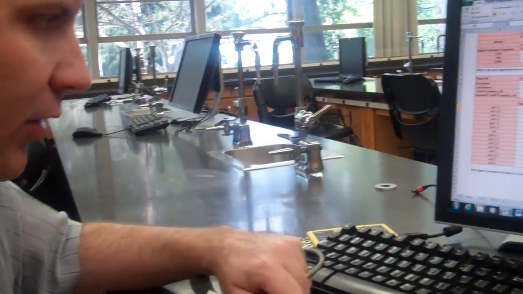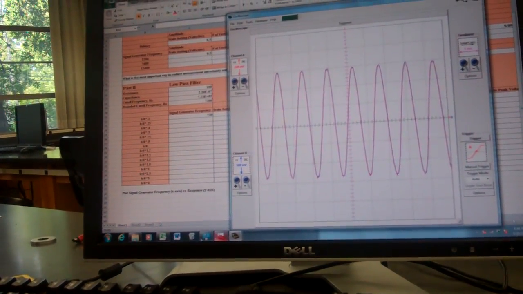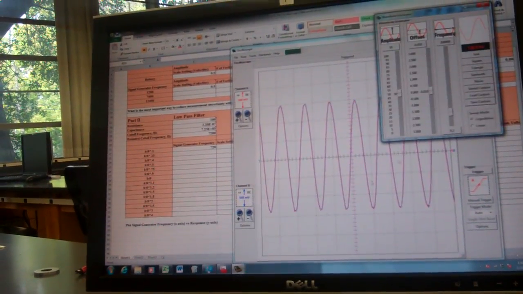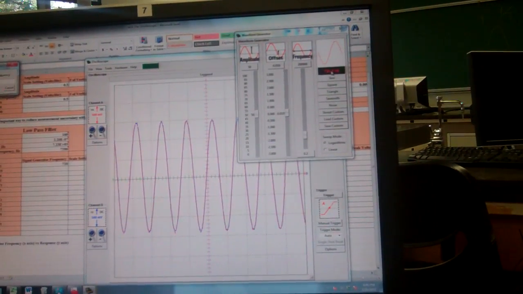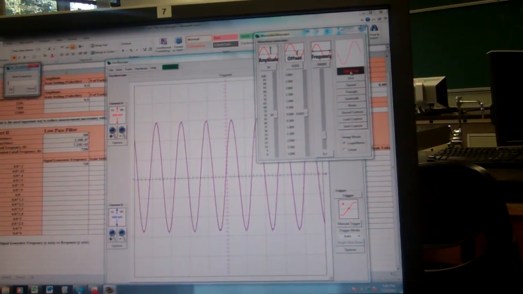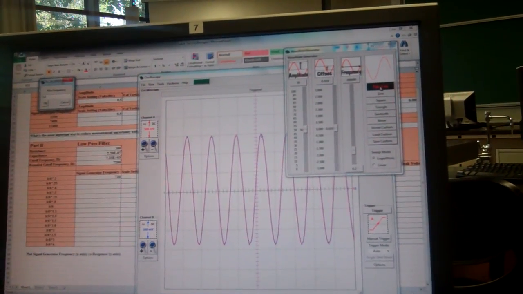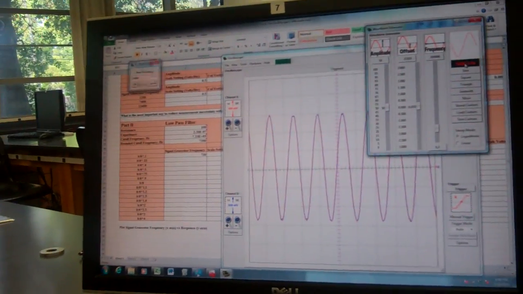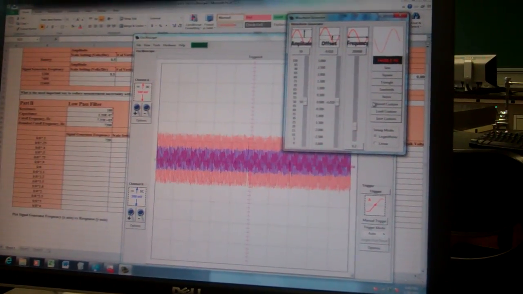I'm going to skip ahead to a much higher frequency. Let's set our frequency all the way up to 14,000 or so. I don't know if that's going to be one of the ones that you'll have. Now, as you can see here, it's a lot smaller.